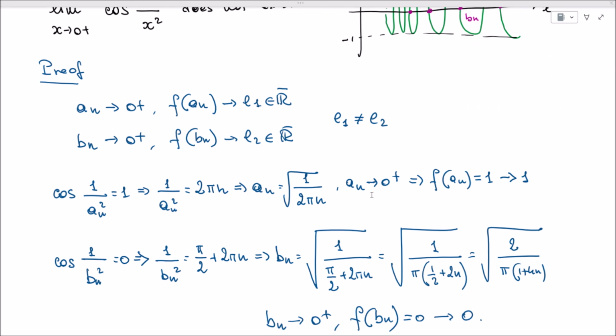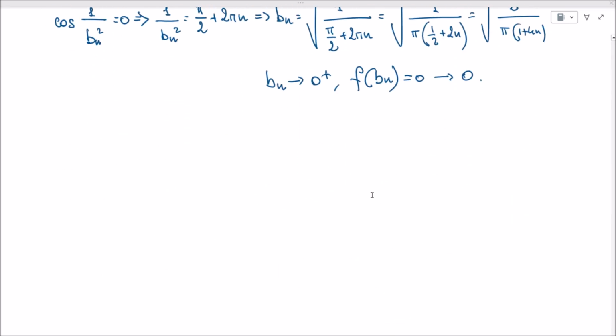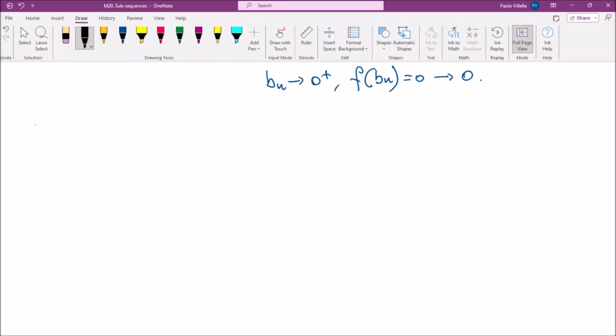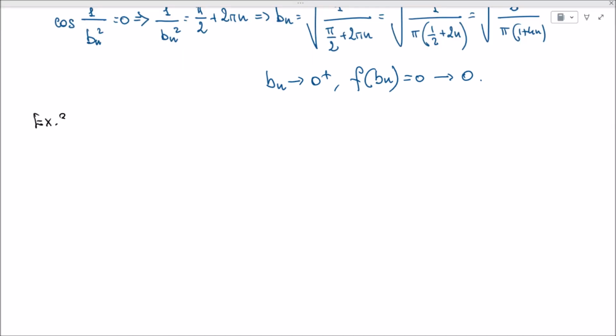Let's consider another example of a function with no limit. Example 3. Let's consider this function: sine of logarithm of x plus 1, all multiplied by x. And we want to prove that the limit as x goes to plus infinity does not exist.